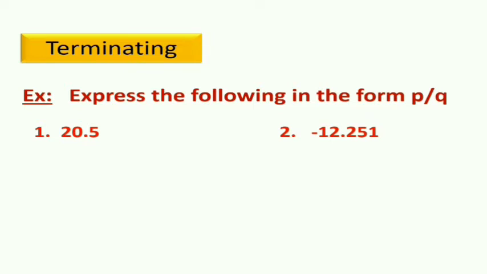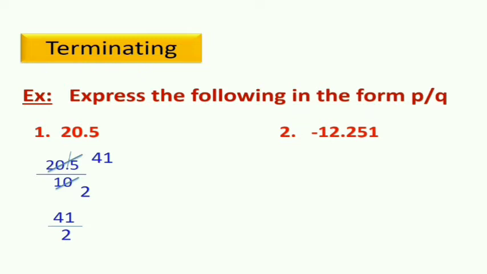There is one digit to the right of the decimal point, so we can write 205 by 10. Cancellation by 5: here 41 and here 2. That is 41 by 2. This is the form of p by q.